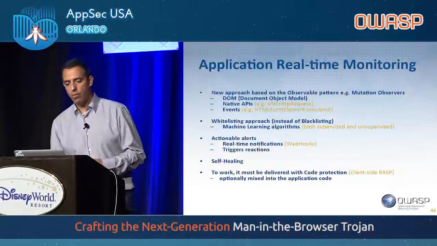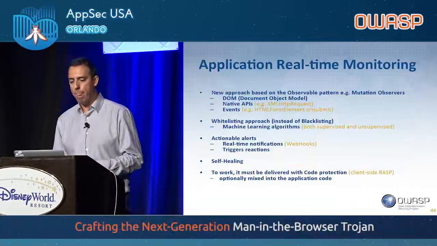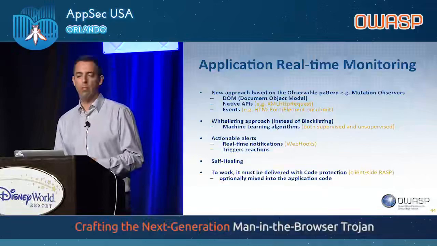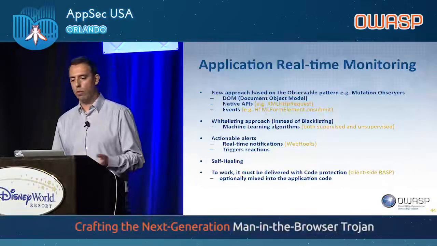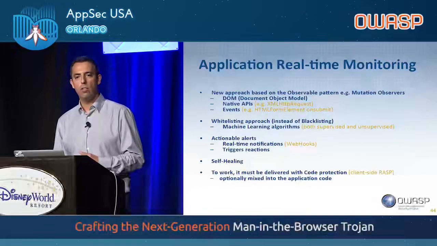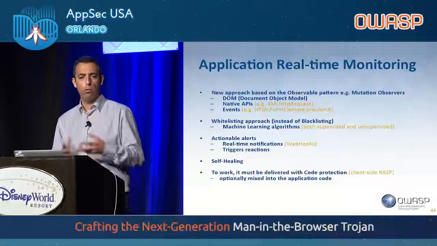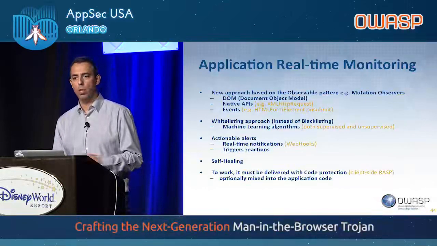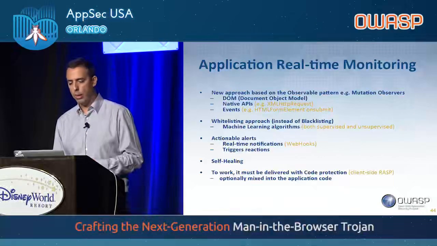So we propose a different approach: application real-time monitoring. It follows the observable pattern. Basically, we continuously monitor for DOM modifications, tampering to native APIs, and tampering to events. It follows a whitelisting approach, because we learned from antiviruses that you cannot possibly recognize everything that they will shoot at you.